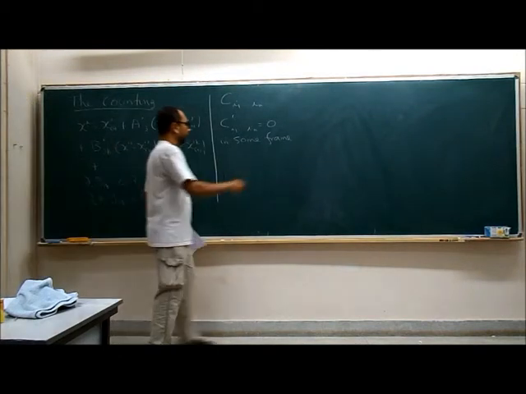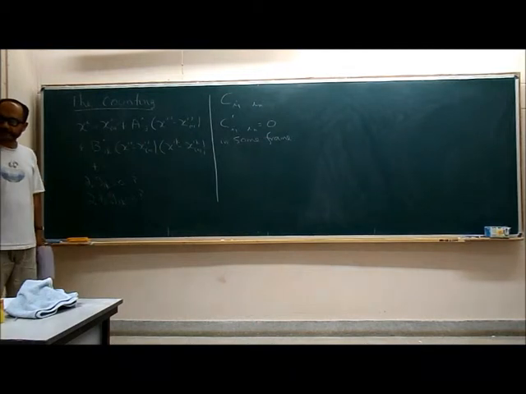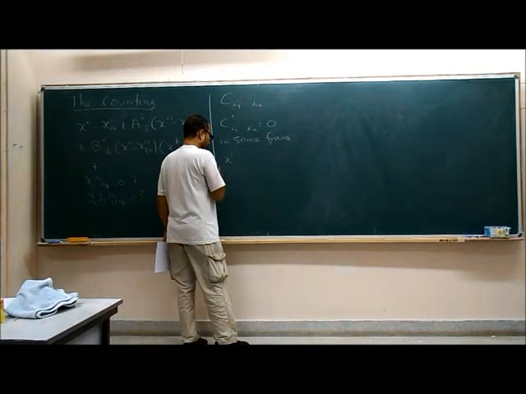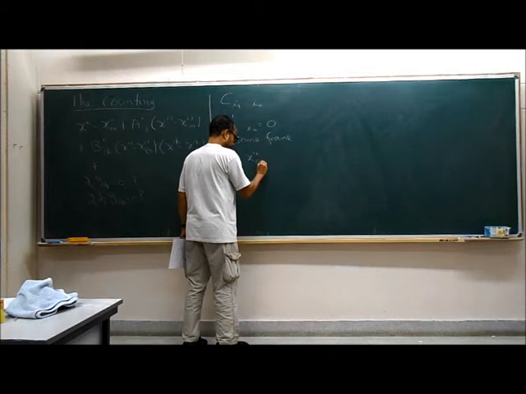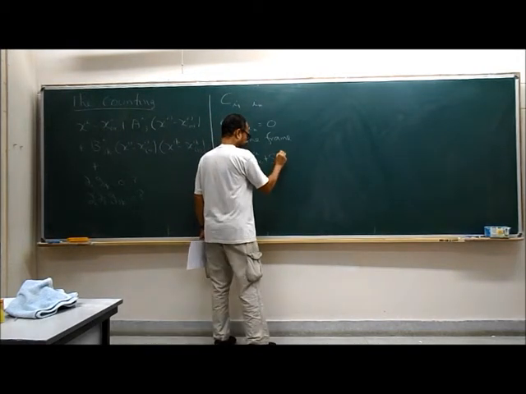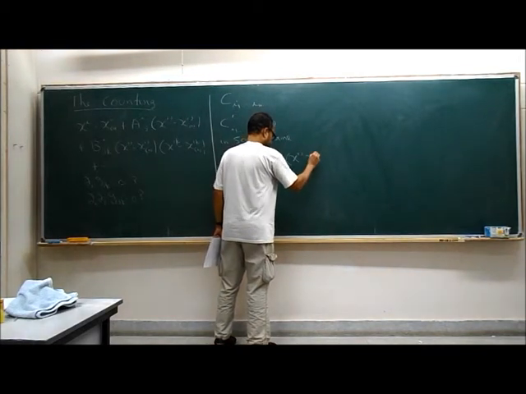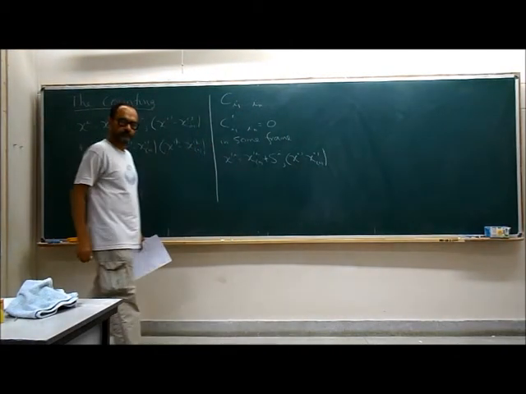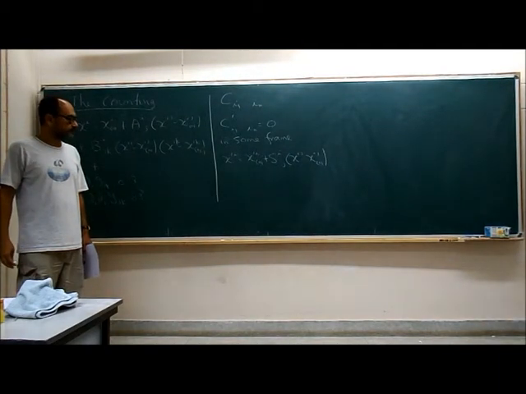So now we start with this frame and make a further change of coordinates, which is of the following form: x prime i is equal to x double prime i plus S_ij (x double prime j minus x double prime j naught).